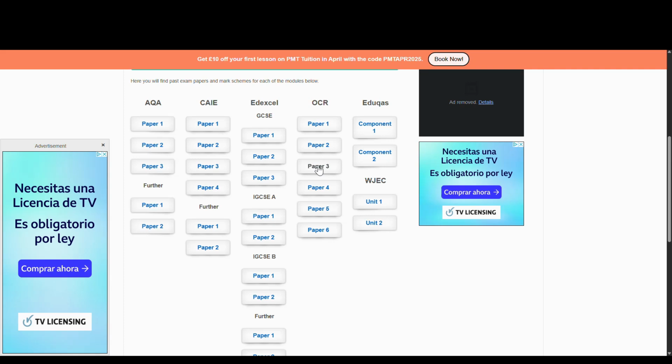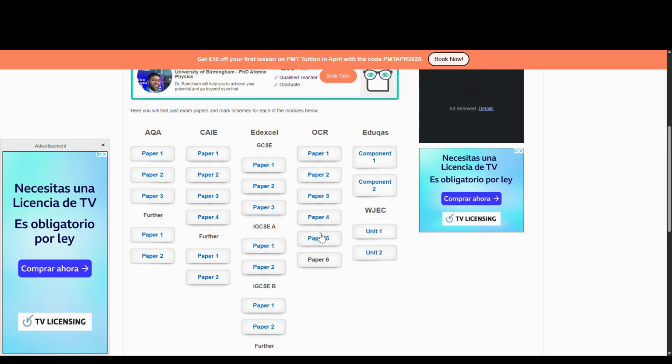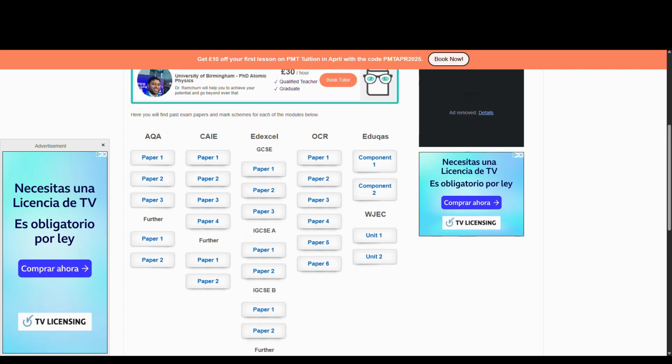If you are on the higher course, paper 4 is higher paper 1. So 4, 5, and 6 are all of the higher papers. Paper 4 is your first paper, paper 5 is your non-calculator higher paper 2, and paper 6 is higher paper 3. Those are all in there.